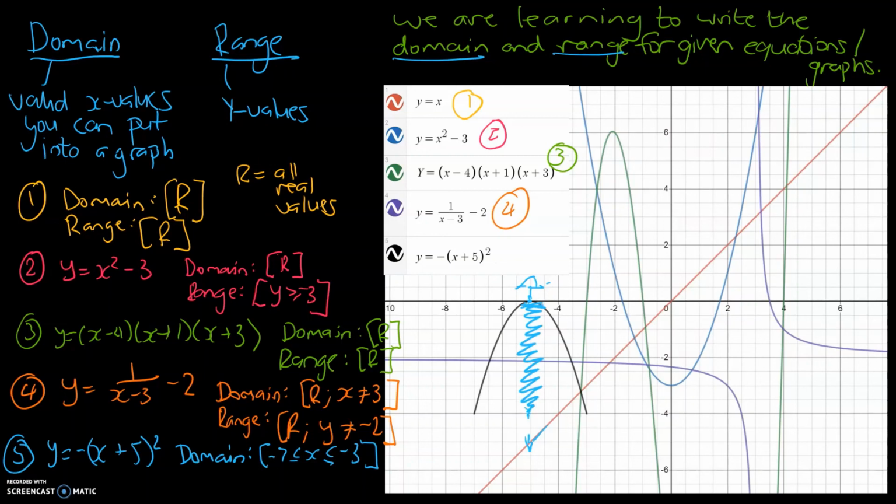There's nothing positive and there's nothing below -4. So that's a restriction on our graph, and that's a restriction on our range. So our range are y values that fall between -4 and 0, including both.